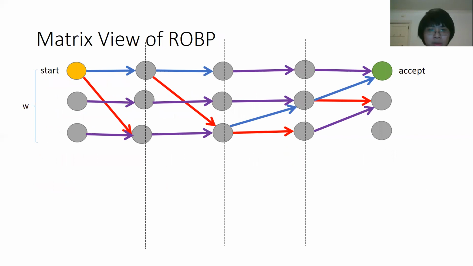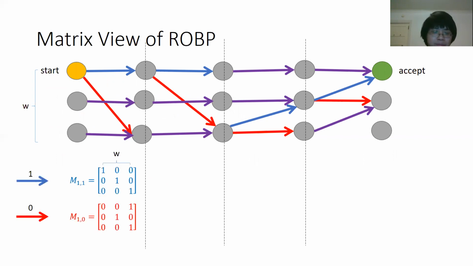So now, first we briefly review the matrix view of a read-once branching program. So given a width W read-once branching program, first we consider the transition from the first layer to the second layer. And so we will get two matrices corresponding to the transition matrix following edge with label 1, or the transition matrix following edge with label 0.